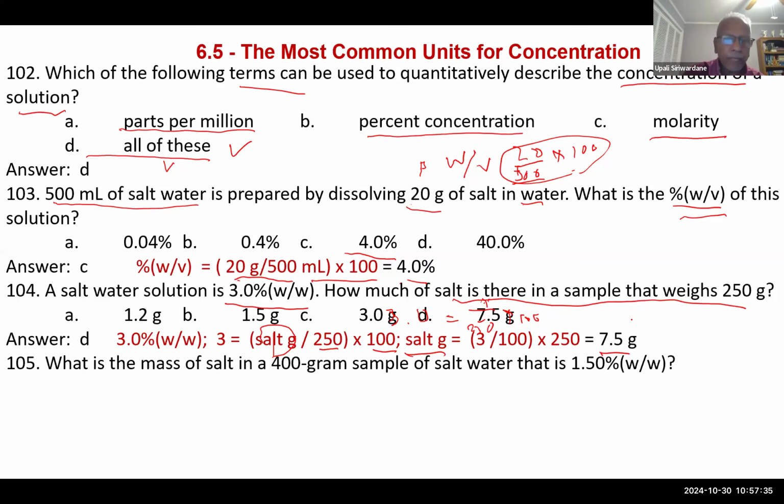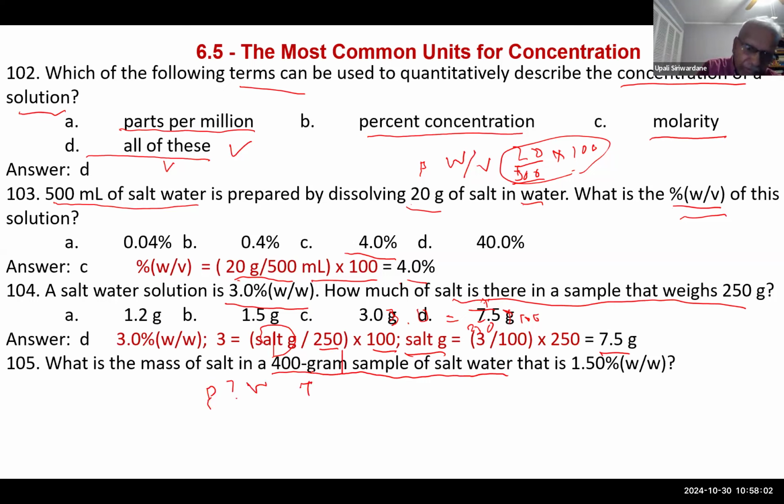There are so many problems we are going over. What is the mass of the solute? The total is this. The part is the question.